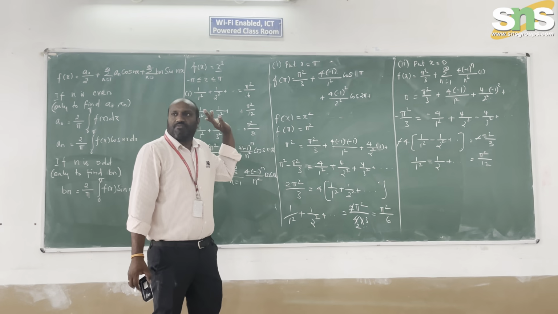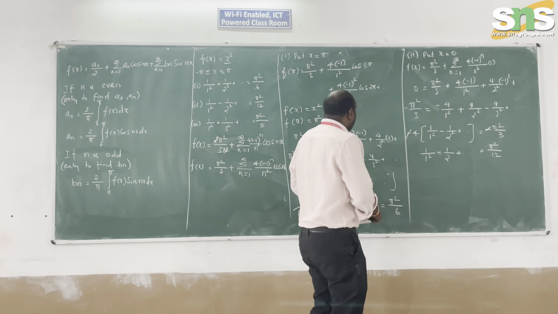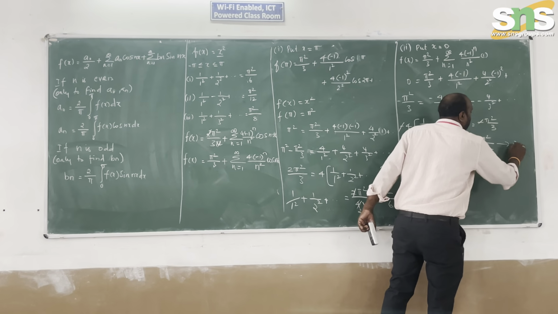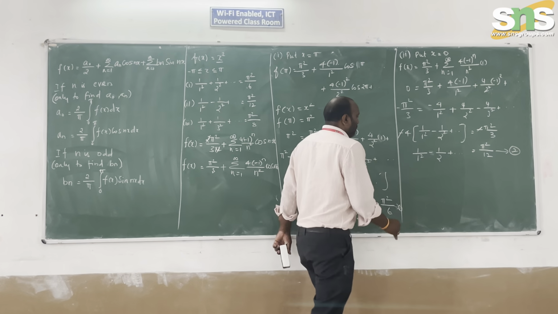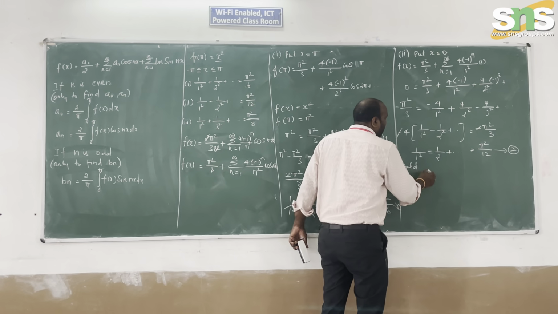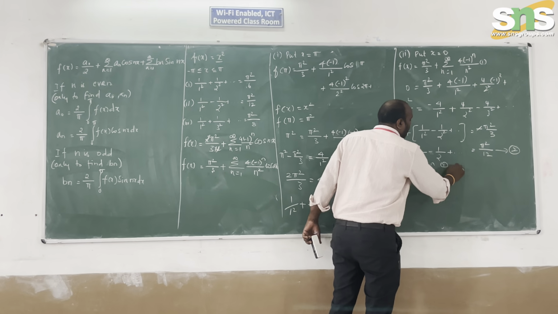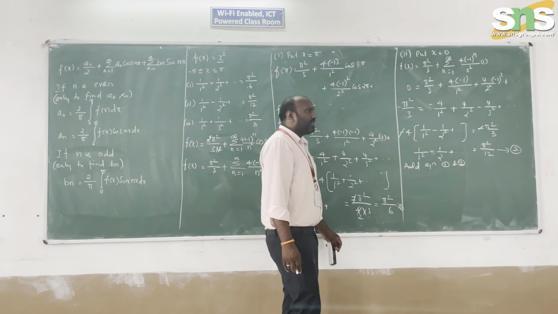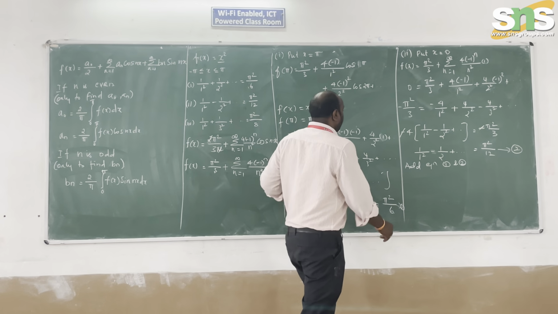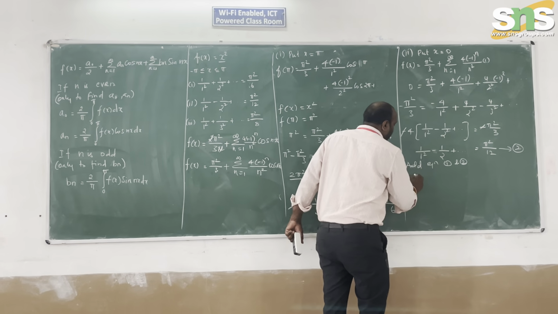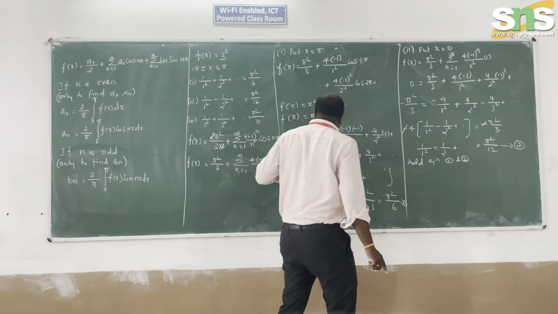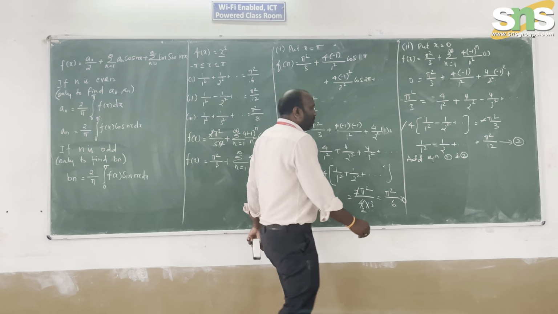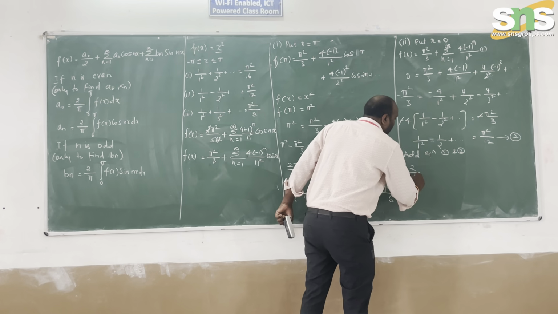And the final one is very easy, because we take this one as equation 1 and this one as equation 2. So add equations 1 and 2. Then finally we get 1/1² here also 1/1², so 2/1².